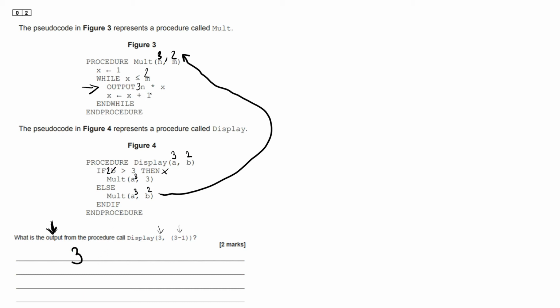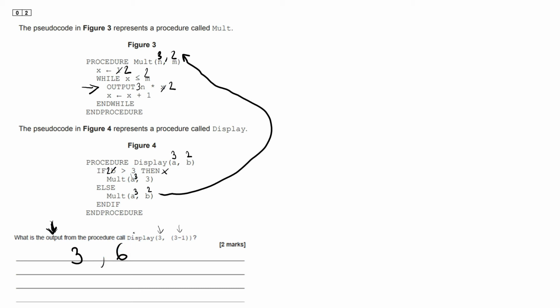So let's look at what happens next. So while x is less than or equal to 2, we've added 1, so x is now 2. So x less than or equal to 2, yes, that's still true. N is still a 3, but x has become 2 now, not 1. So x times 3, 2 times 3 is 6.